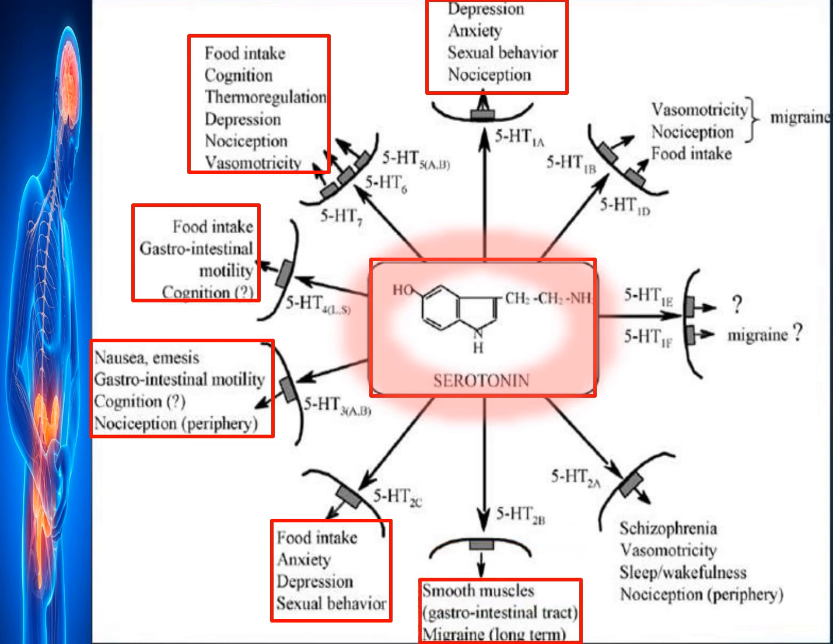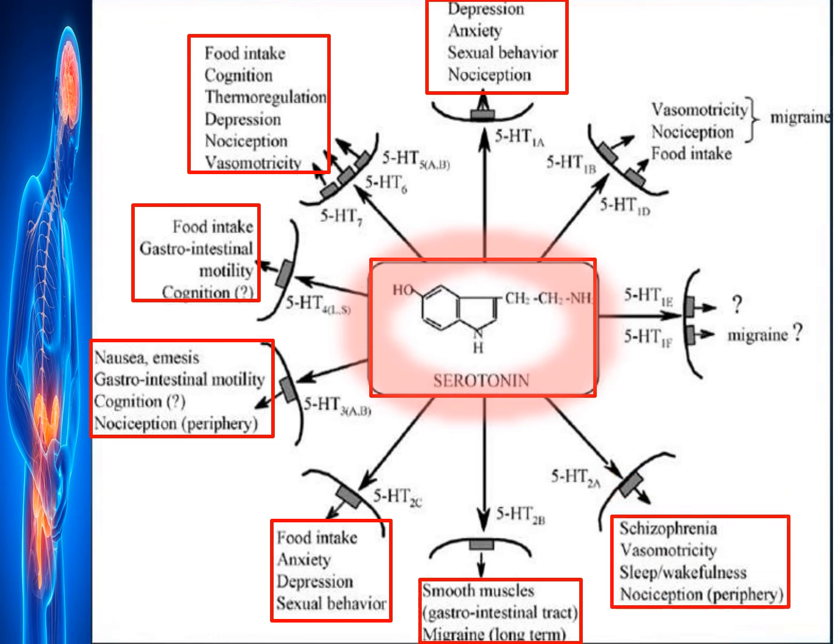Then through the 5-HT2B receptor, it is responsible for smooth muscles in the gastrointestinal tract. Here it regulates the contraction and relaxation of smooth muscle of the gastrointestinal tract. But the long-term effect of serotonin on the 5-HT2B receptor is responsible for migraine.